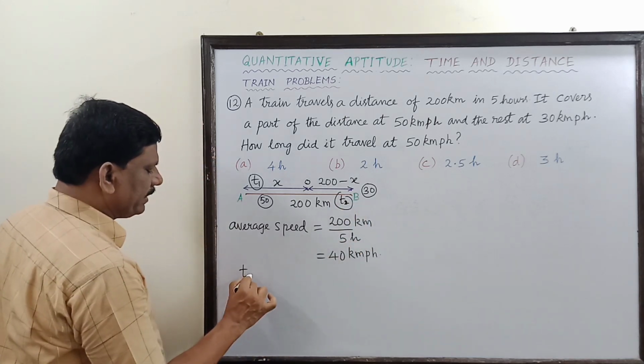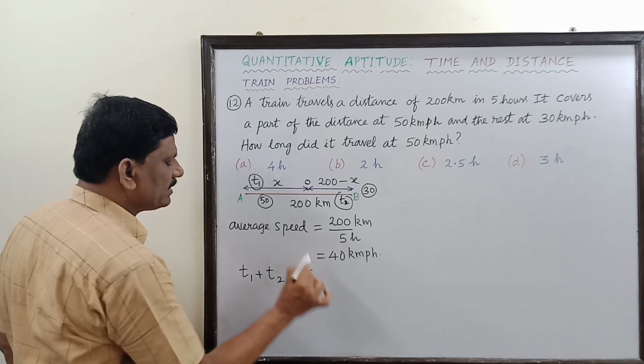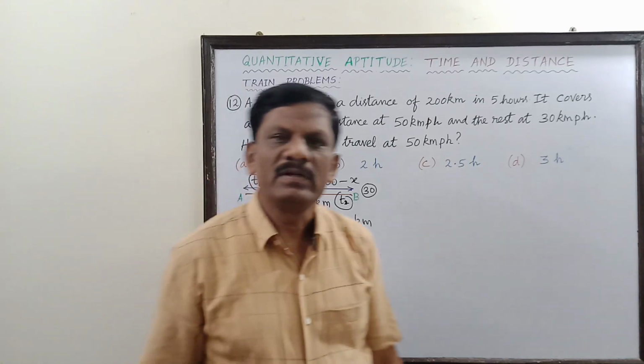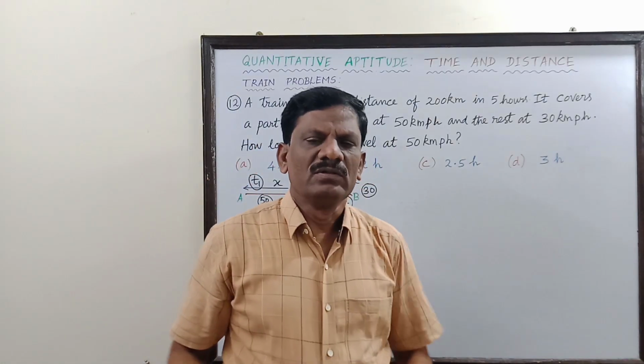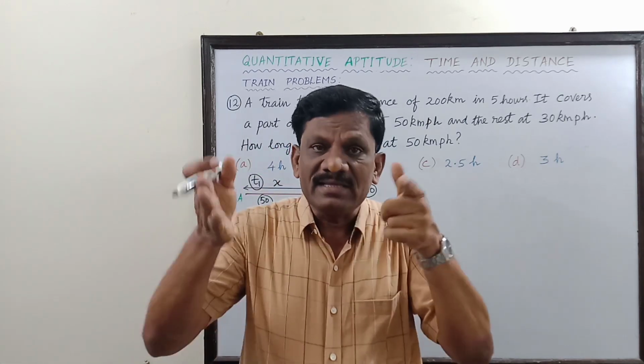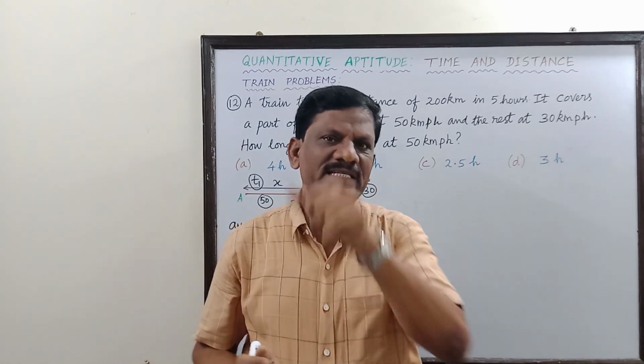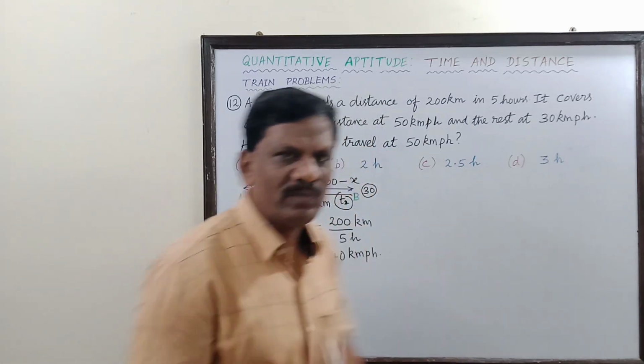So the total time T1 plus T2 is equal to 5 hours. So how much time does the train take to travel a distance x, that is a part of 200? For that, the time the train is taking is T1.